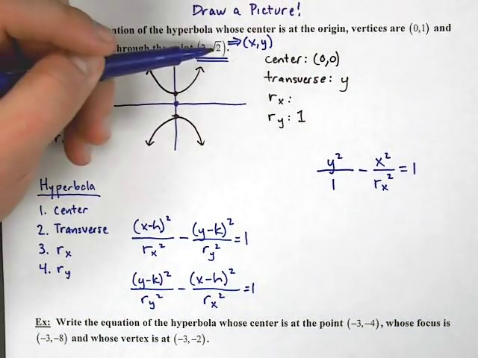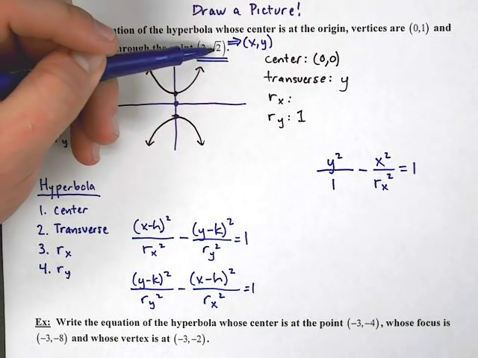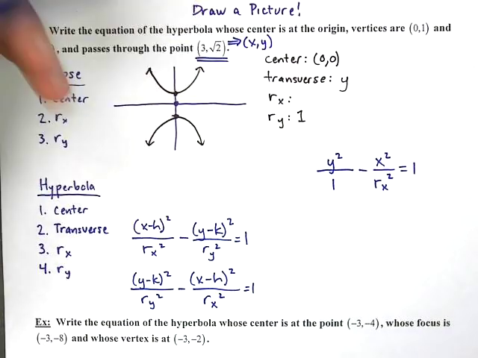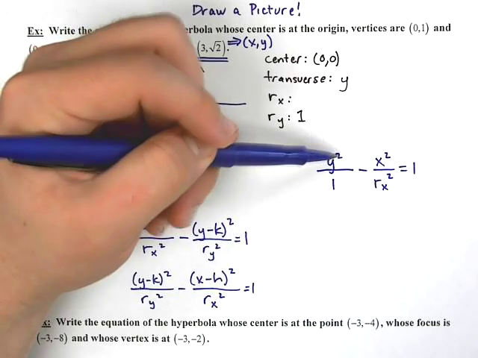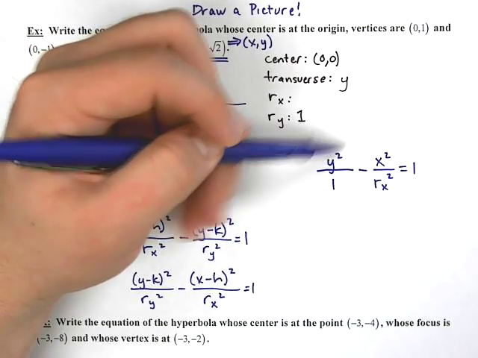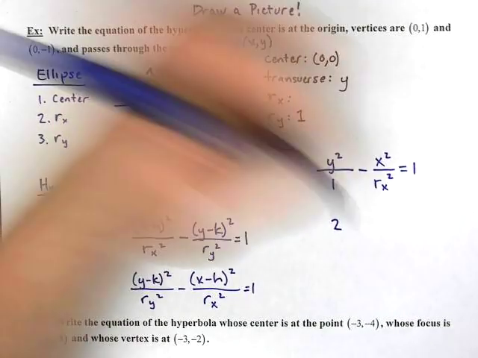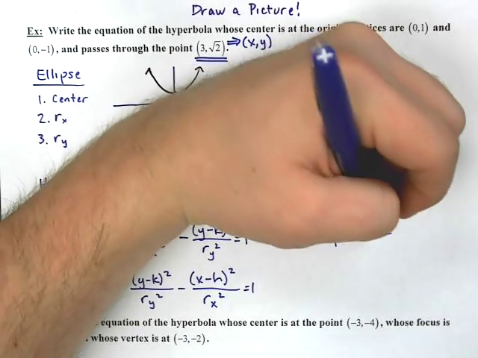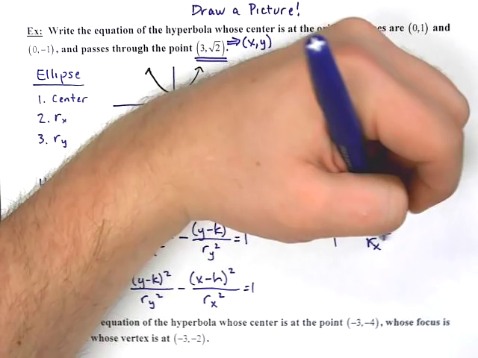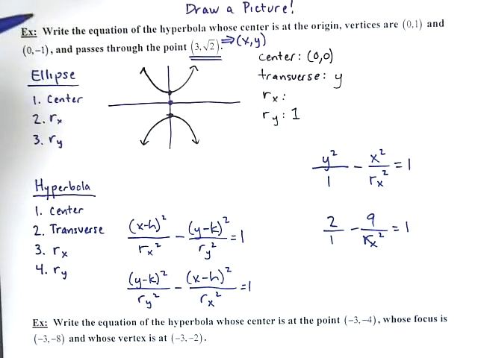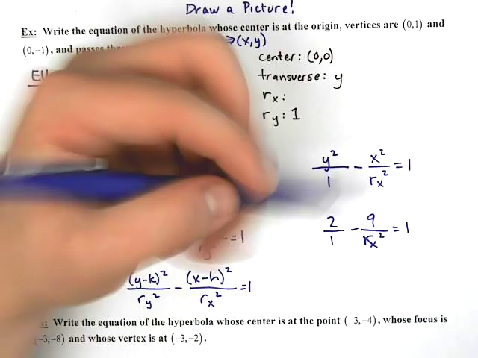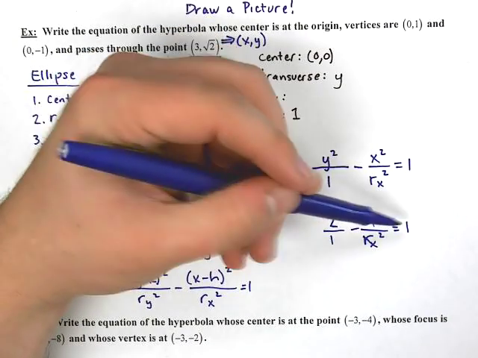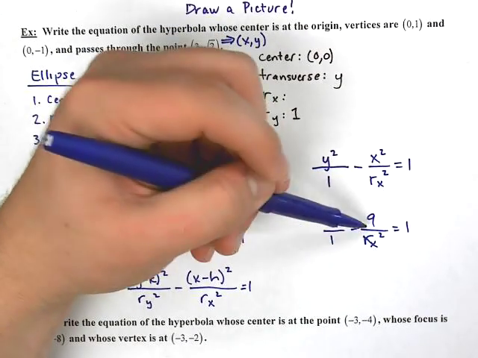Well, we have a point, right? We know it's at (3, square root 2). So if I plug in square root 2 for y, square root 2 squared is just a 2 over 1, minus 9 over rx squared, and that's equal to 1. If we do some rearranging, I'm going to subtract and move this over.